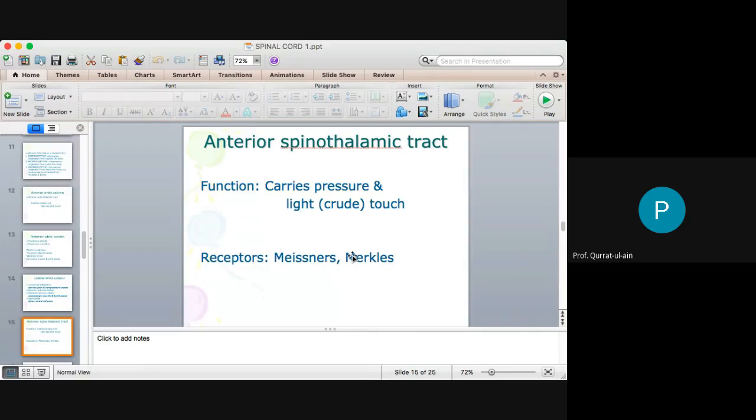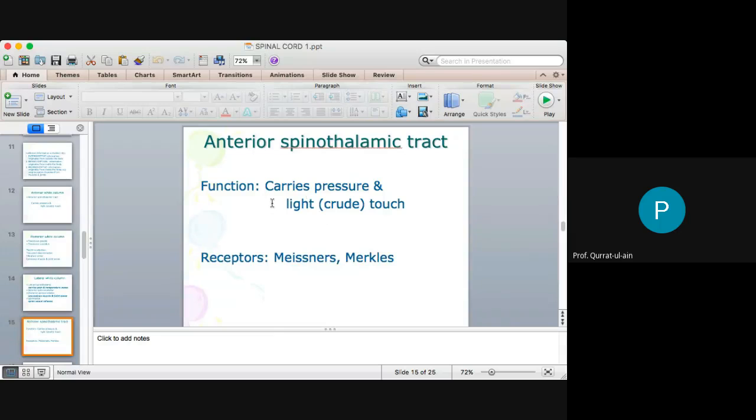Now today we will start first with the anterior and lateral spinothalamic tracts. The anterior spinothalamic tract is present in the anterior white column, and the lateral spinothalamic tract is present in the lateral white column. They run very close to each other and have almost the same route, but they carry different sensations.